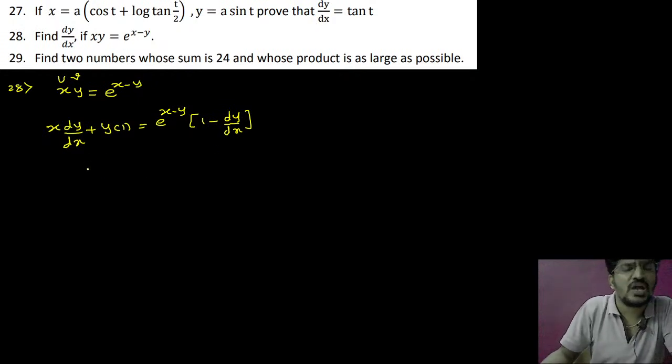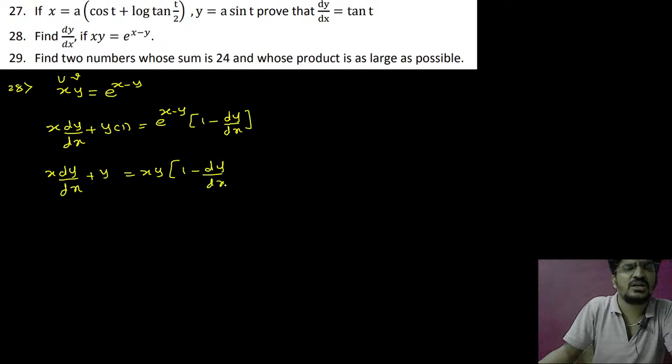Okay. So now you can see this: x into dy by dx plus y equal to. Now you see e to the power of x minus y is nothing but xy. So this will be 1 into dy by dx.